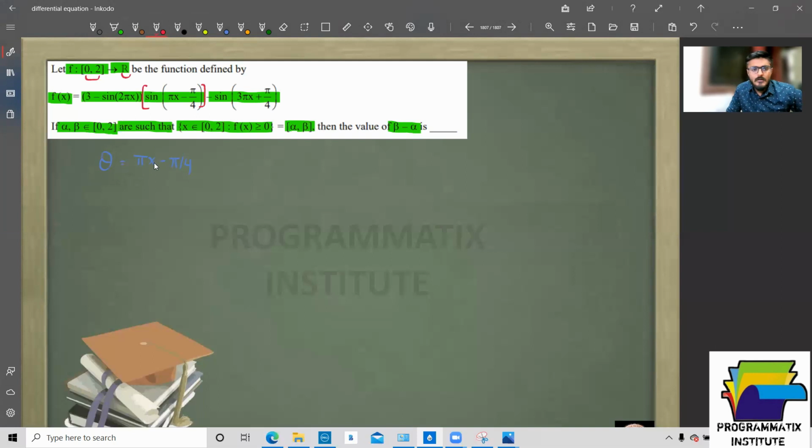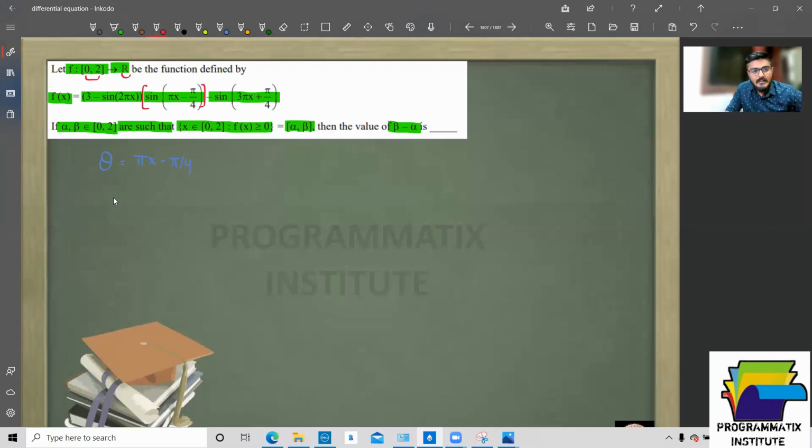Now, if I find the value of x, I get x equals (theta plus pi by 4) upon pi. But since you've been given [0, 2] as the domain, you need to consider x equal to 0 and x equal to 2 to get the range of theta.